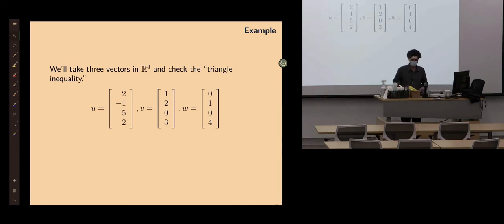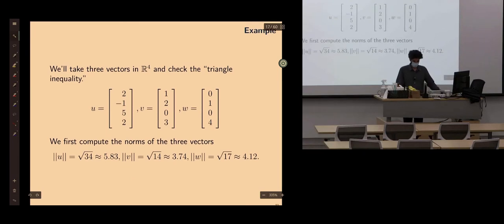Another example, let's take 3 vectors u, v, w. They are 4-dimensional vectors, and we want to verify the triangle inequality, because we know it's true, so it should hold for any arbitrary vector. First, we calculate the norm of each vector, and that's going to give us some numbers for u, v, and w, using the definition.